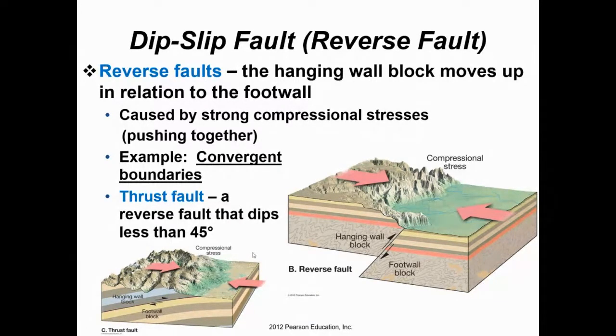Then there's the reverse fault. The reverse fault you already know as a convergent plate boundary. That's where you have the two plates smashing together. So in this case, you're going to typically have the hanging wall block move upward in relation to the footwall block.